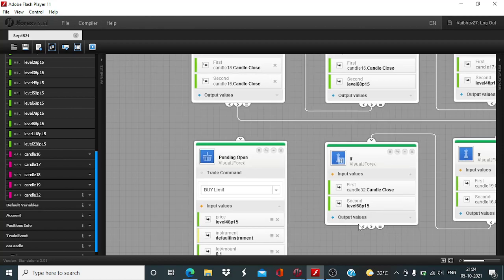And here, first input less than second input.